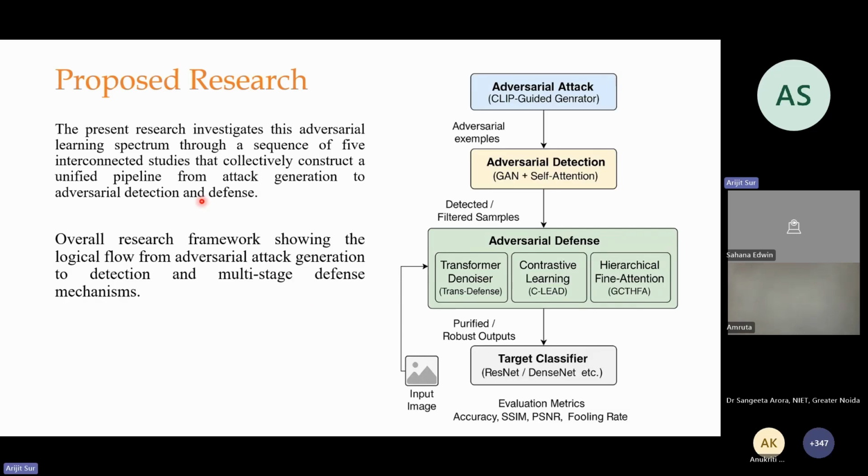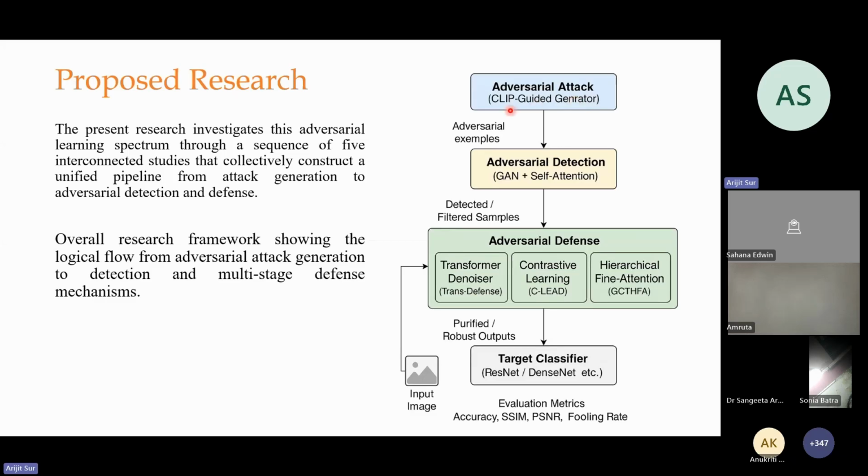This present research investigates adversarial learning. This was a project. We first use an adversarial attack, a very advanced technique.